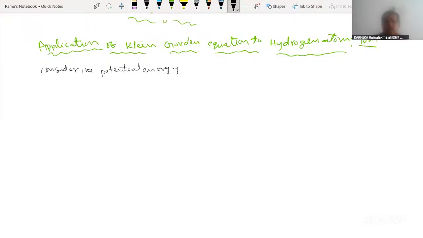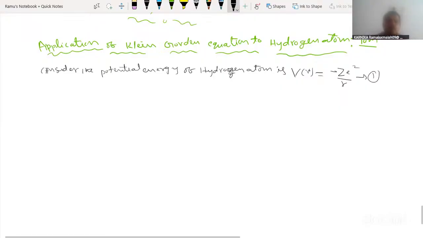V of r is equal to minus Z e square by r. This is equation 1.